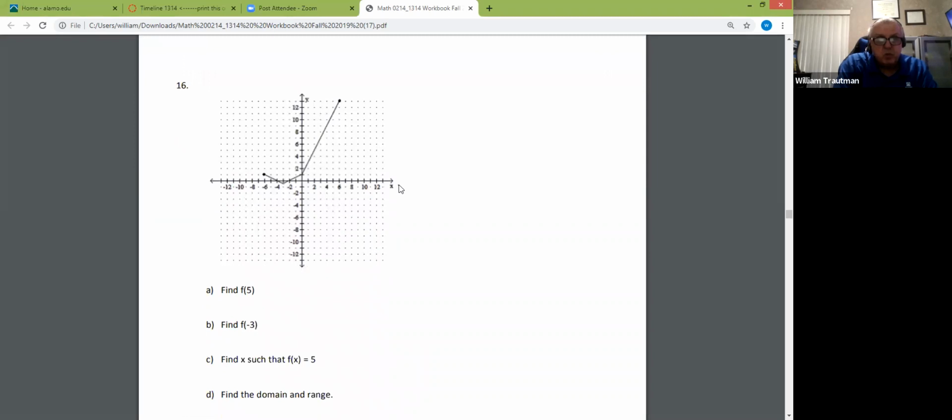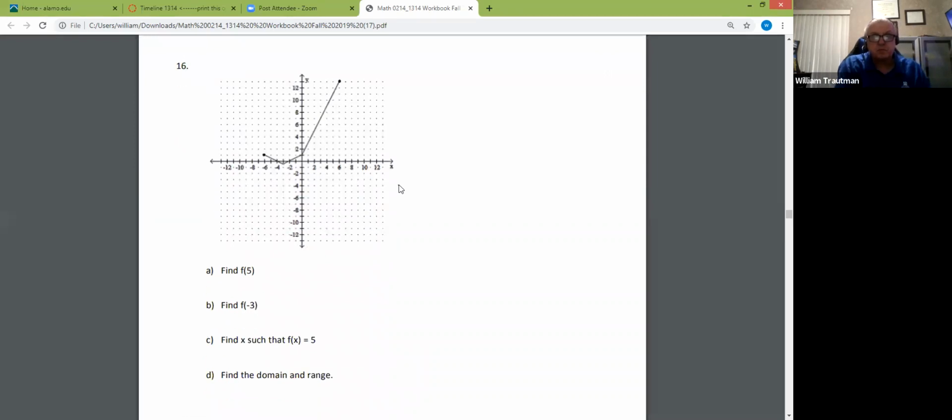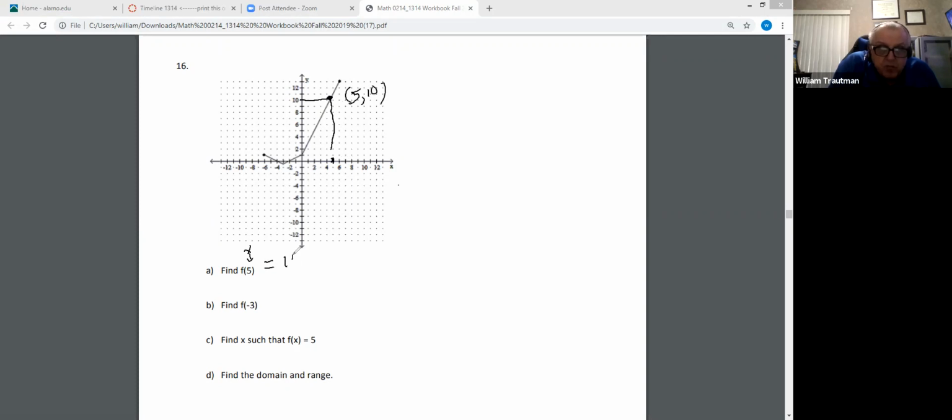So we have some more. If x is 5, here's 5. Find out what the y value is on the graph. If I go straight up, right there, at this point, x is 5, y is 10. When x is -3, here's -3, going up or down. Oh, we have to go down right there.